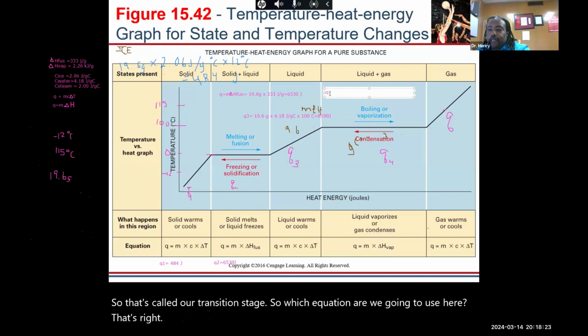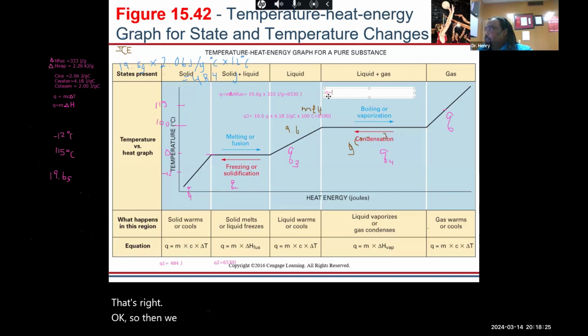Okay, so then we have Q equals the mass, 19.6 grams times our delta H vap, which is 0.26, and that's kilojoules per gram.